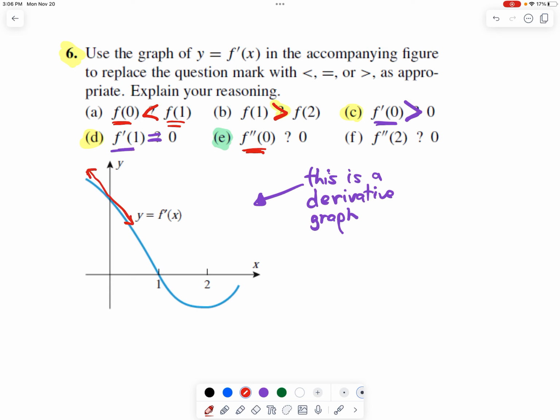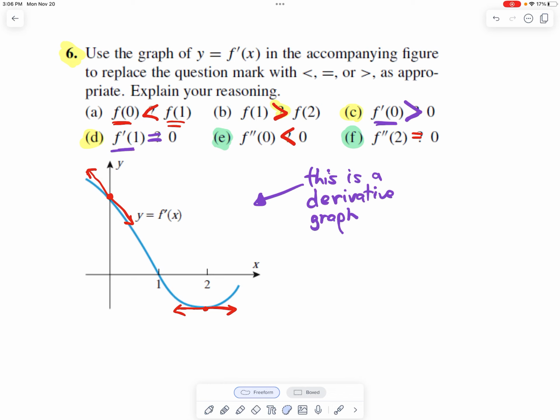That's going to be a negative number, less than 0. And then letter F is f double prime of 2. That's the second derivative, so that is the slope of the tangent line of the first derivative. My eyes go here. That looks to be a horizontal line. f double prime of 2 is equal to 0.